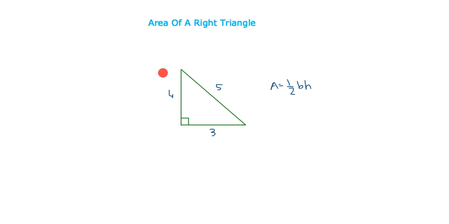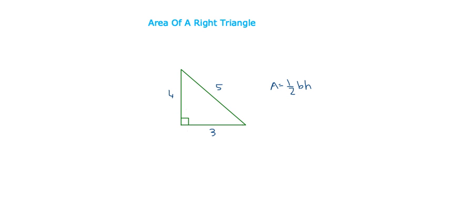It doesn't really matter. First of all, because you're multiplying here, so either number could be in the base or in the height. And secondly, another good way to know is that the base is always going to be perpendicular to the height. So in this case, we're going to have 3 as our base and 4 as our height.